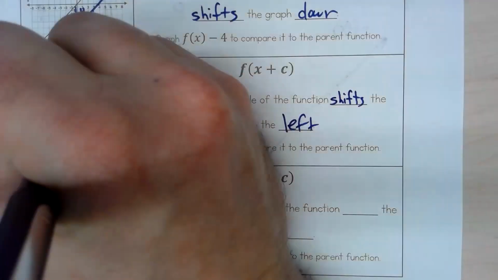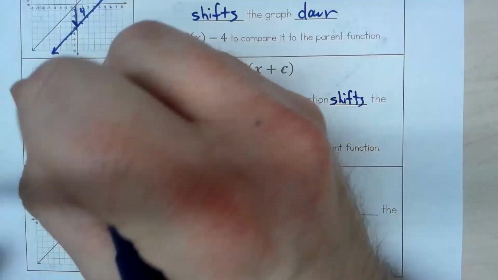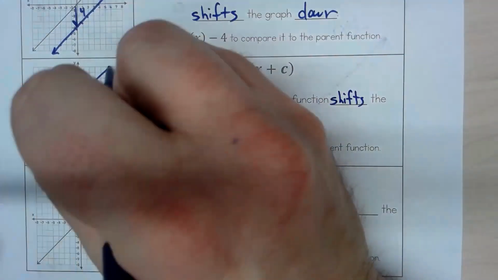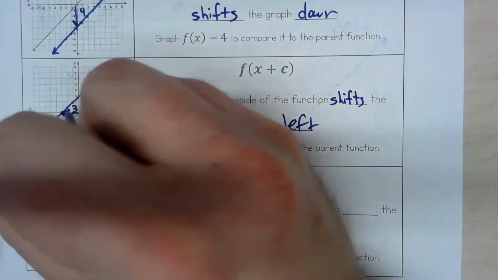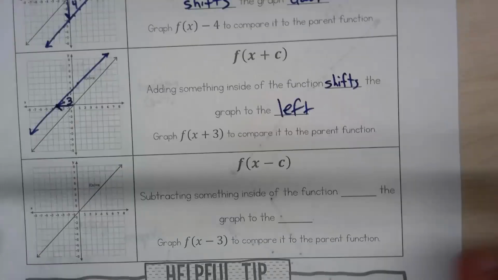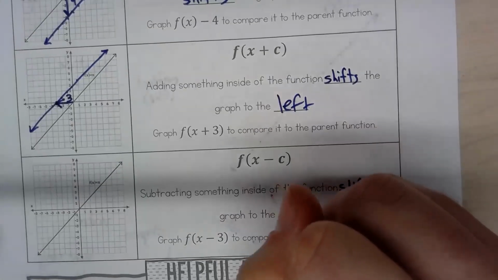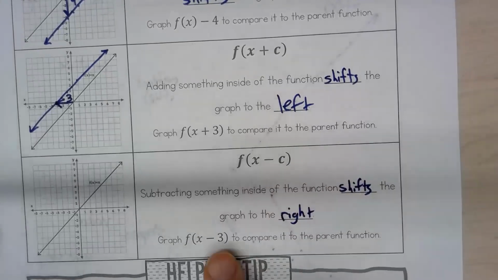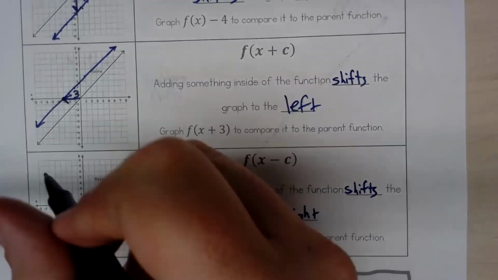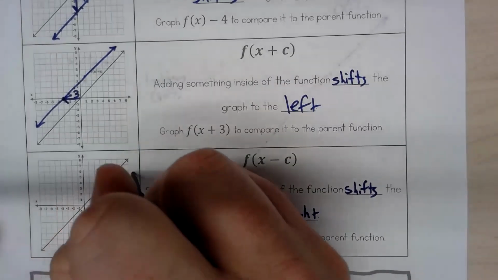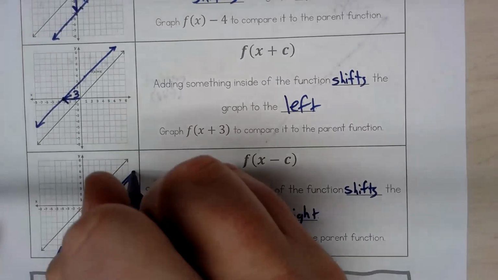So it now hits my x-axis 3 spots to the left. So it's still our same line, just left 3. And when I subtracted, it shifts the graph to the right. In my head, negative 3 is on the left, but I remember everything inside does the opposite. So it's actually making my graph go right 3.